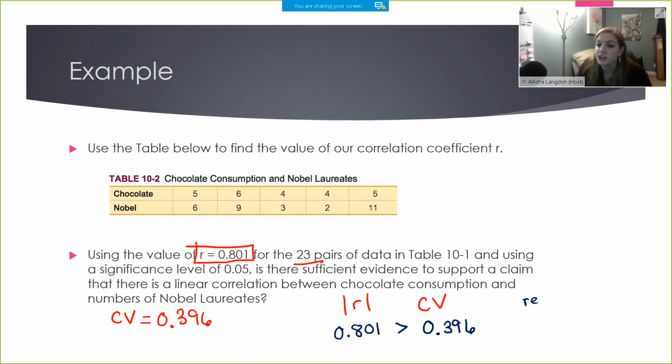So reject the null hypothesis. And the null hypothesis says there's no linear correlation. So we would conclude basically there's sufficient evidence that there is a linear correlation.